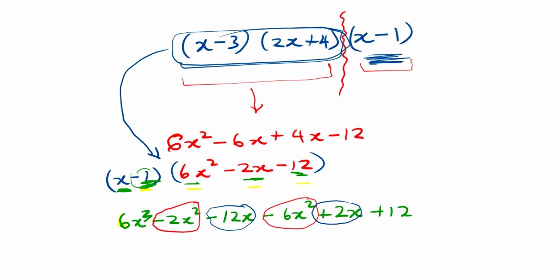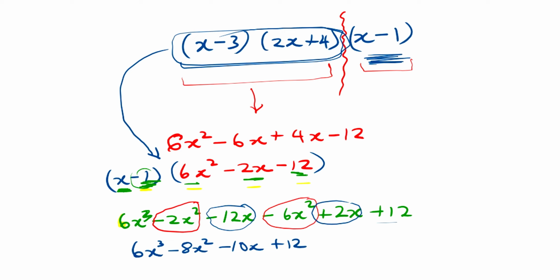So making my expression more concise, I'm now left with 6s cube minus 2s squared minus 6s squared is minus 8s squared, minus 12s plus 2s remains minus 10s, and then of course nothing else, so plus 12. So that becomes the final expression that we get when we expand these three brackets.